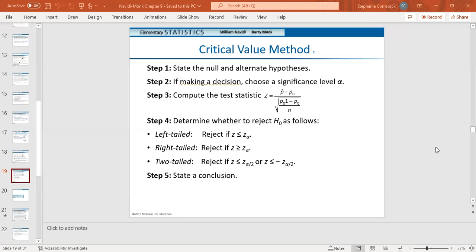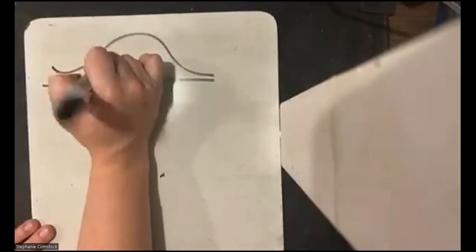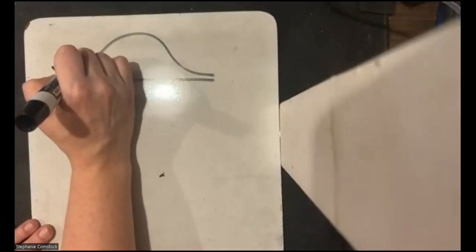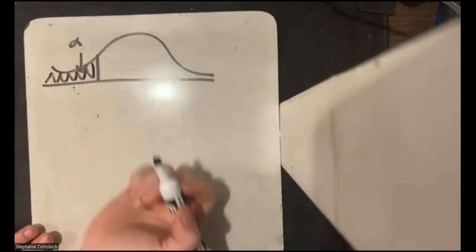Now, finding our test statistic is done the exact same way. First off, I'm going to discuss just how to find this critical value. If you are doing a left-tailed test, then this critical value will be, say, here, and what we're indicating is that the alpha amount is down here to the left.